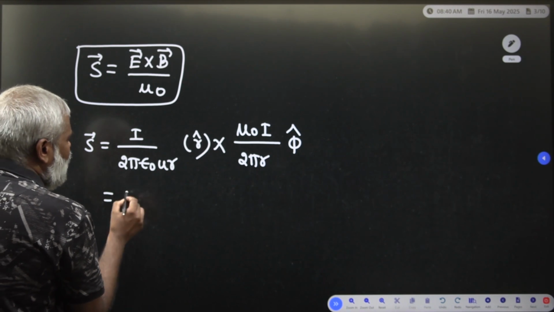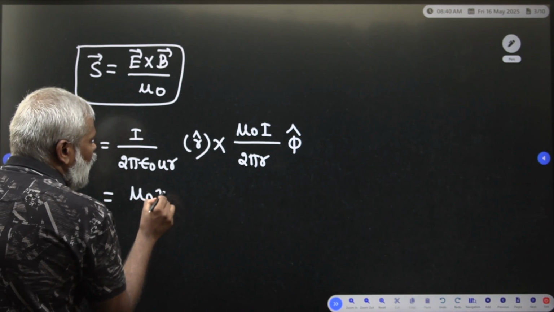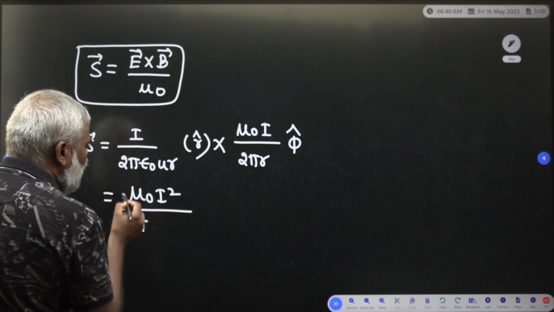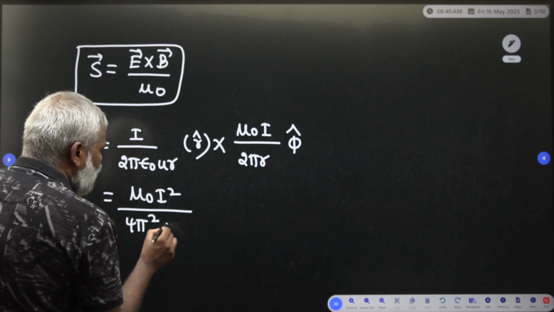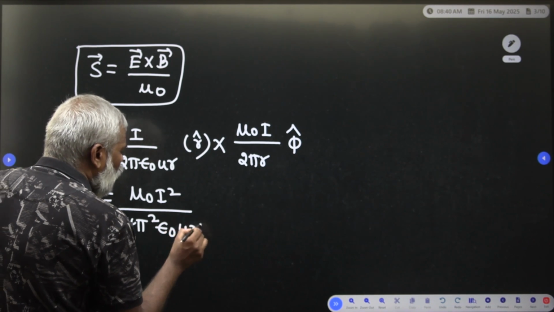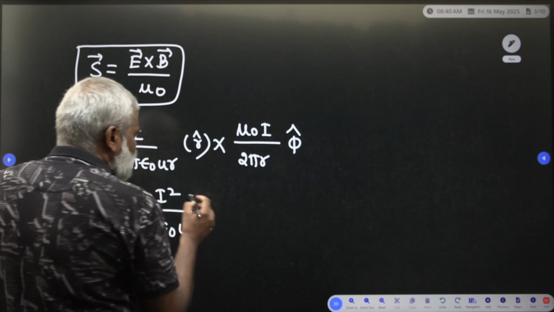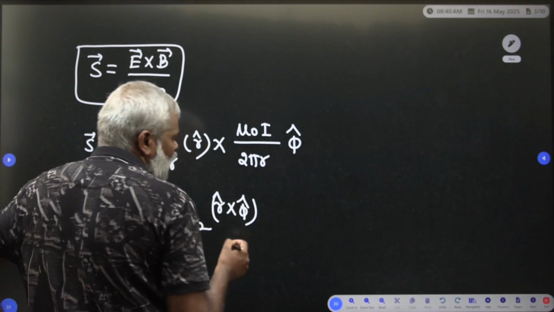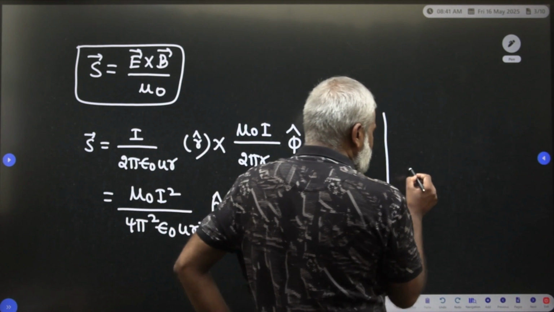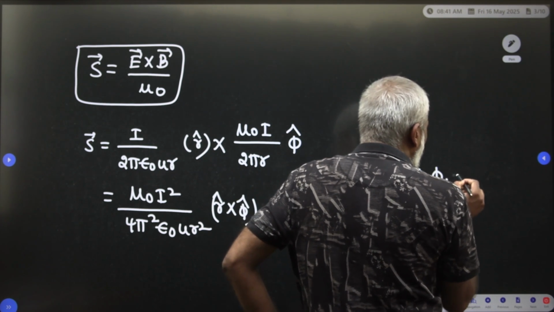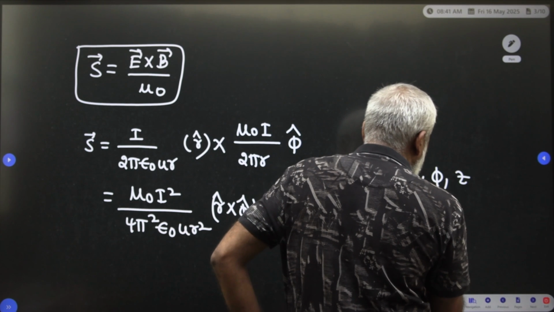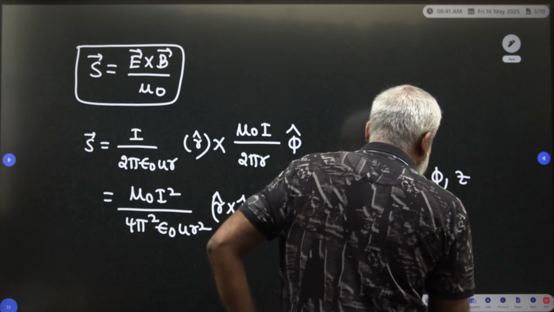So, are there any cancelling terms? Mu naught I square divided by 4 pi square epsilon naught u r square. This direction is r cap cross phi cap. You have to take it as a cylindrical coordinate system r, phi, z, where r cap cross phi cap is the z cap.